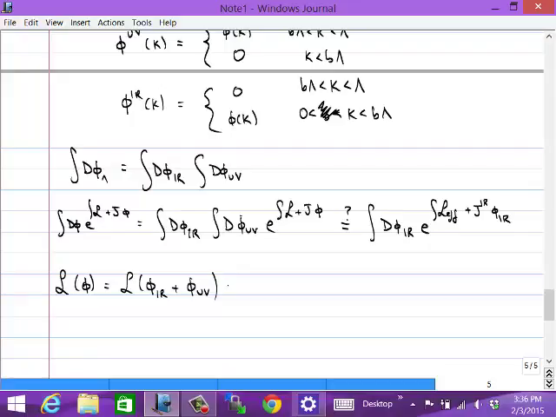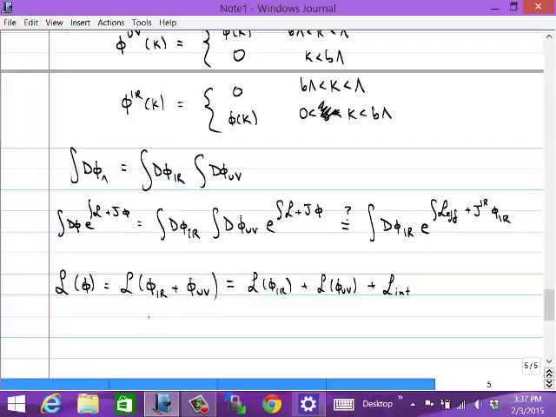And L has a kinetic term. So you want to write this as L of phi IR plus L of phi UV plus some sort of interaction term that mixes the two. And then you want to do the UV integral, and that'll give you some corrections to the IR physics.